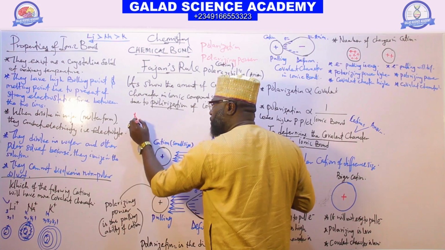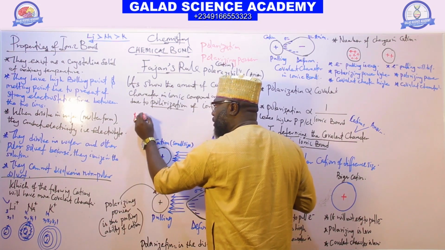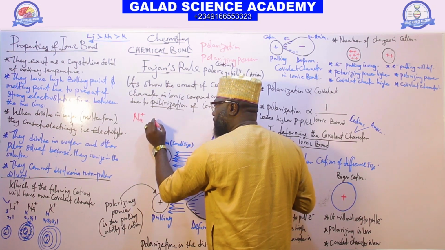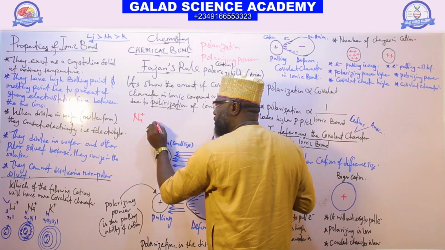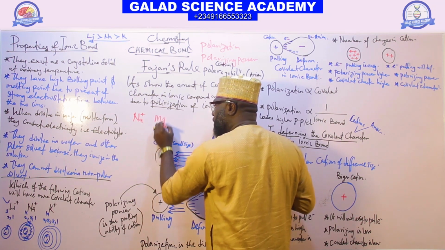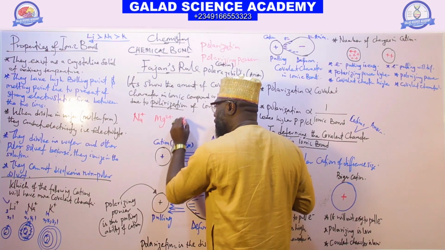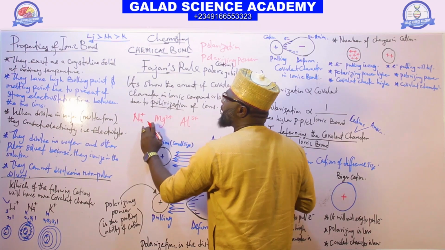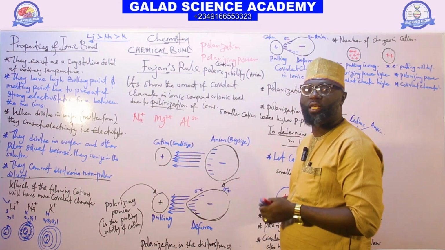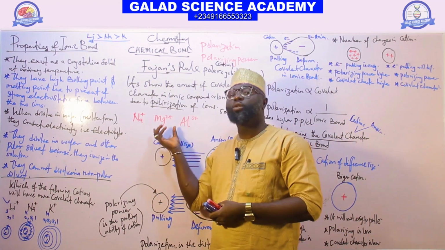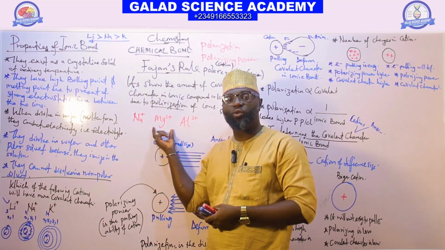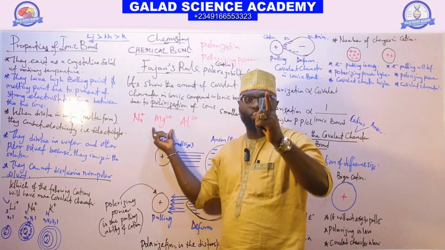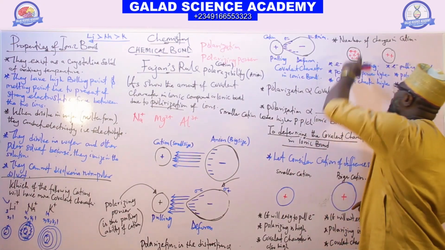We have sodium, Na plus, magnesium, 2 plus, and then aluminium, 3 plus. We are asked which of these three elements will experience more covalent character. That's where we apply the second rule.